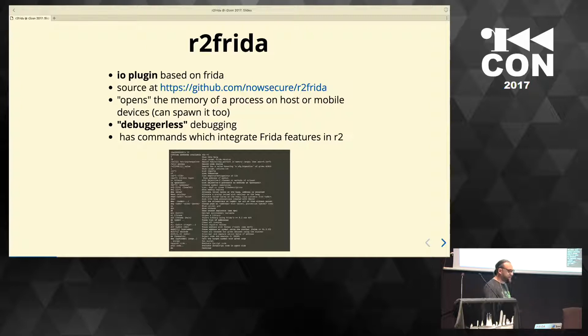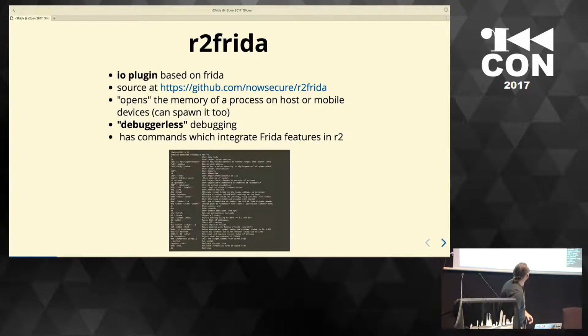r2frida is implemented as an I/O plugin, naturally, because since Frida provides read-write access to the process, you can attach to a process and open its memory like a buffer in radare, and from there use the regular radare commands, so you can analyze functions and disassemble the running application.